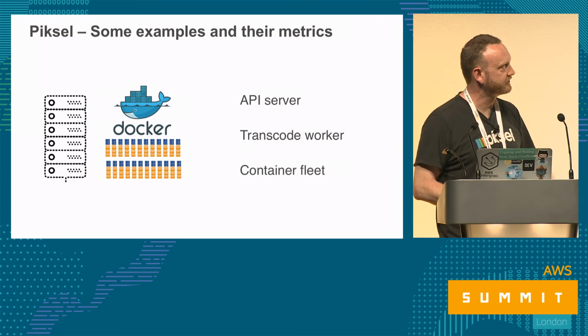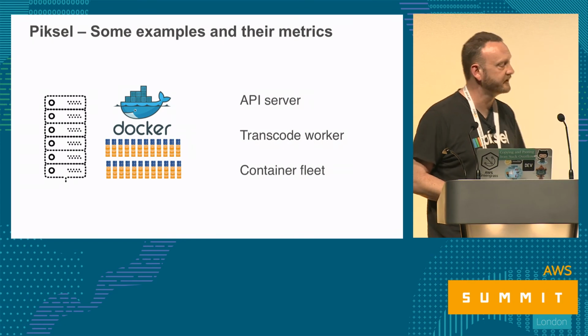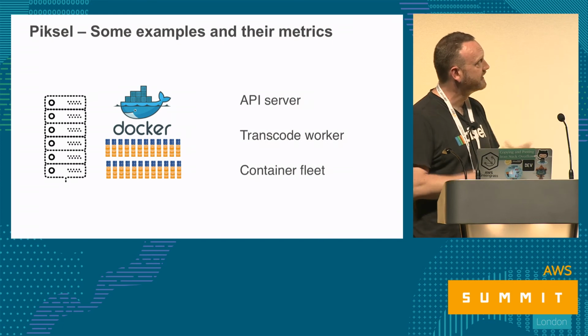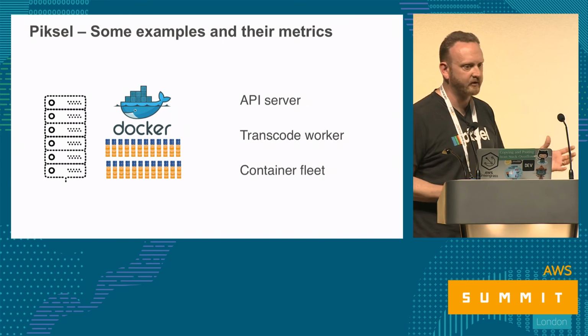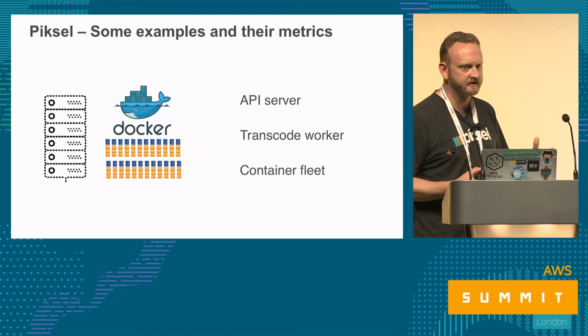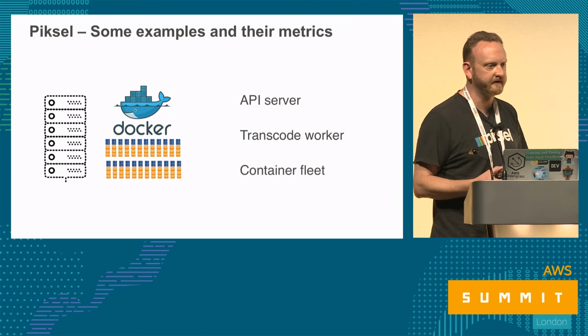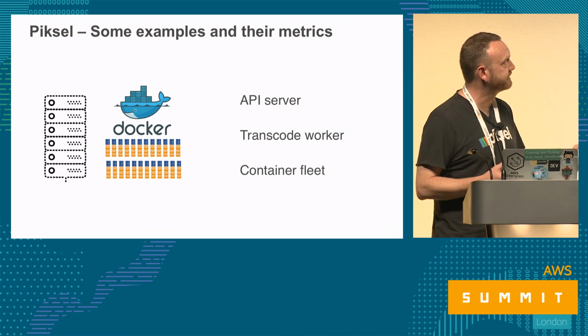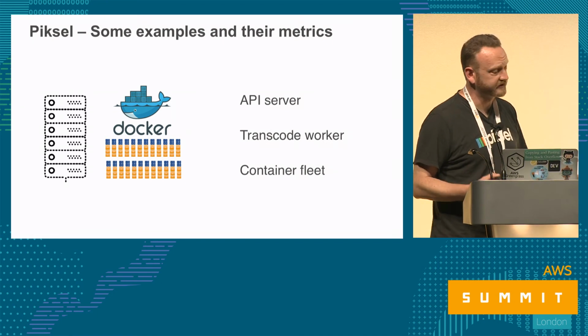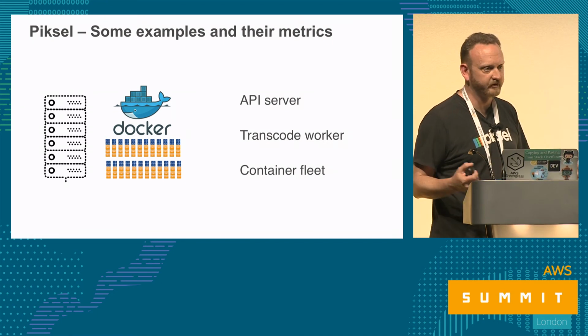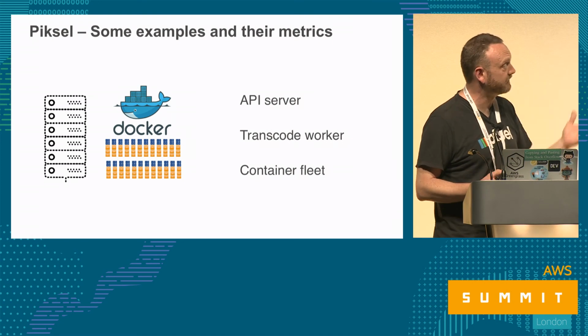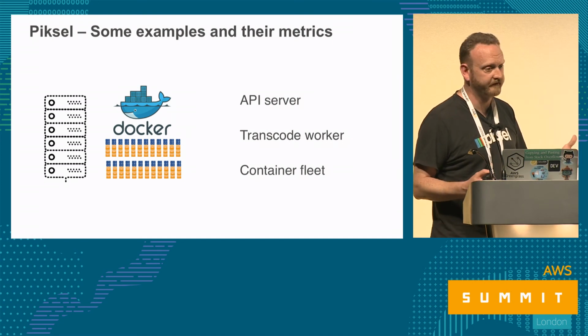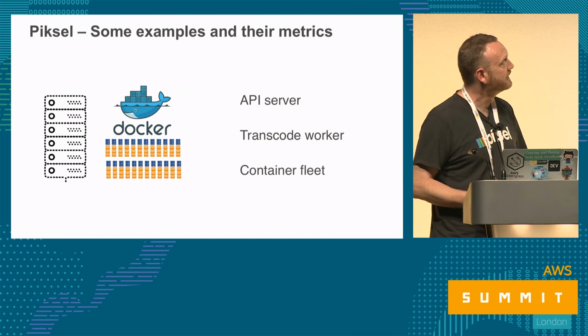This allows us to scale up and scale down our container fleet as our Docker workload increases and decreases. I think this is a kind of a powerful pattern, identifying a key metric that identifies how busy your service is and scaling your fleet based on that. You might have to construct that metric out of multiple metrics. It might be a single out-of-the-box metric available from AWS right now.